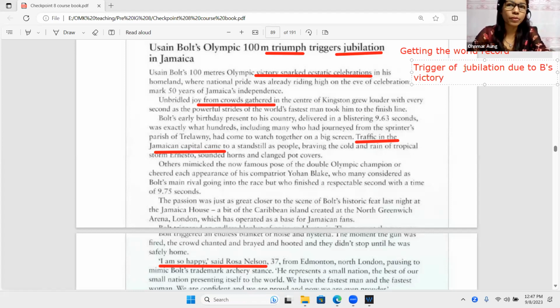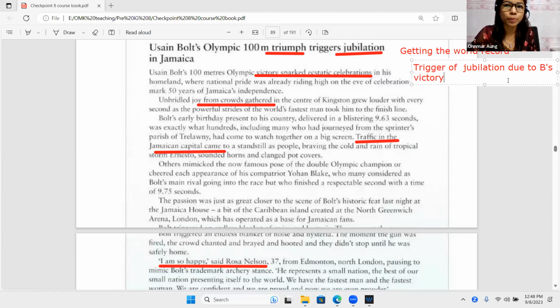If your answer is quite close to jubilation and concerned with Bolt's victory, it is okay. Any other? It is about the trigger of jubilation due to Bolt's victory.